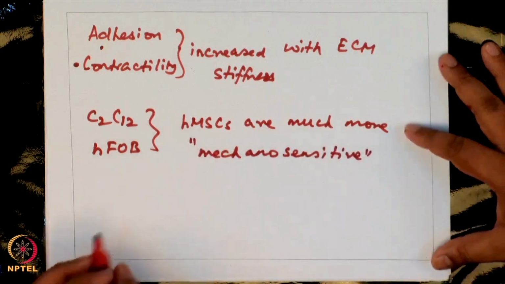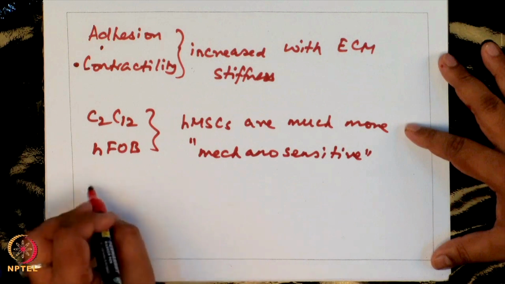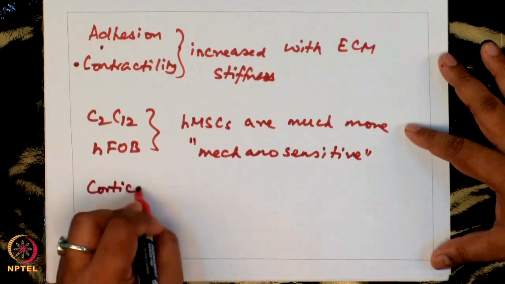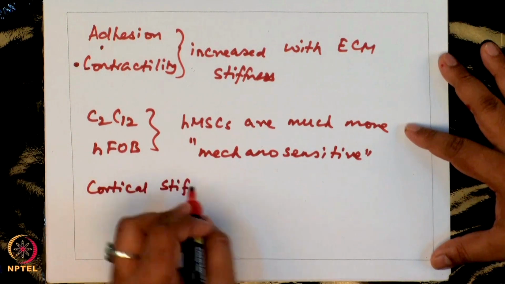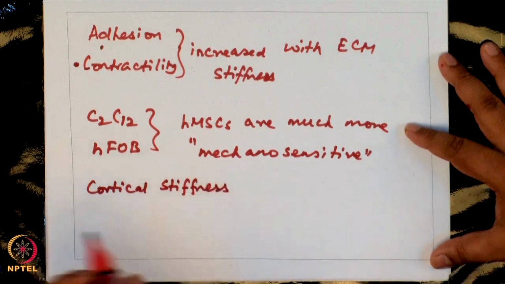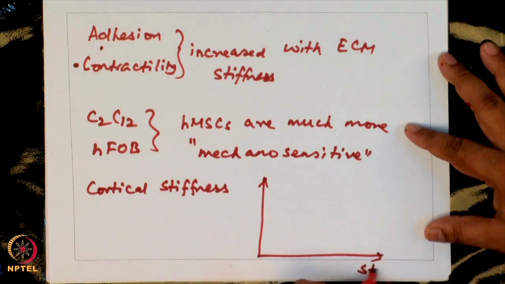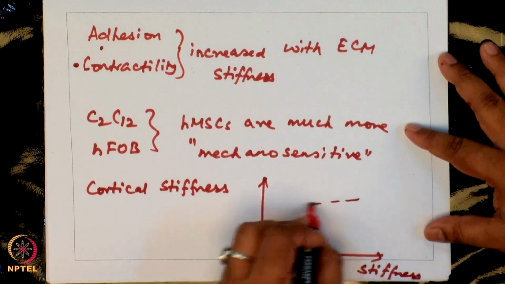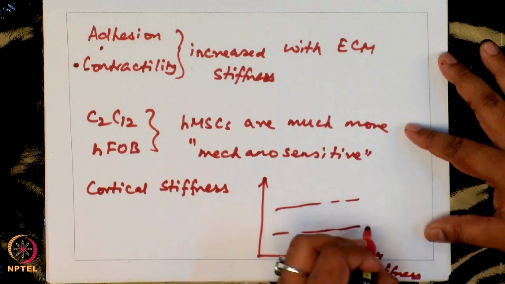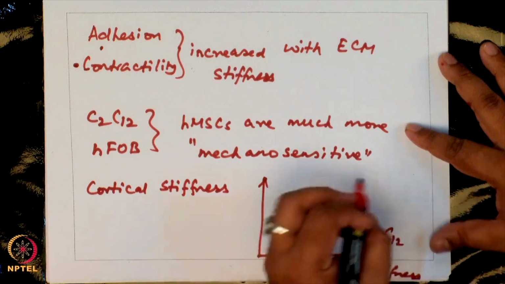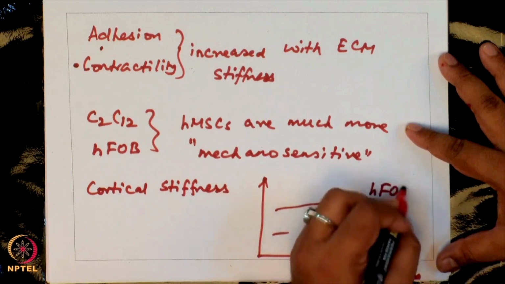They reached these observations by probing the cortical stiffness of these cell lines, and what they observed was, if this is my stiffness axis, these are C2C12 cells, and this is the response of HFOB.